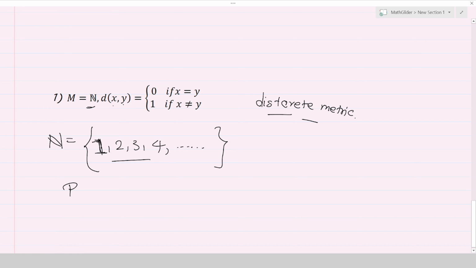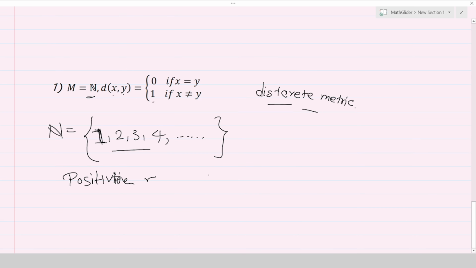So first of all, positive definiteness. It definitely satisfies it because the distance is either 0 if points are same and strictly greater than 0 if x is not equal to y. 1 is strictly greater than 0. So it satisfies positivity like that.